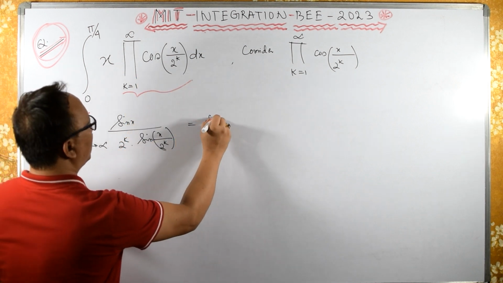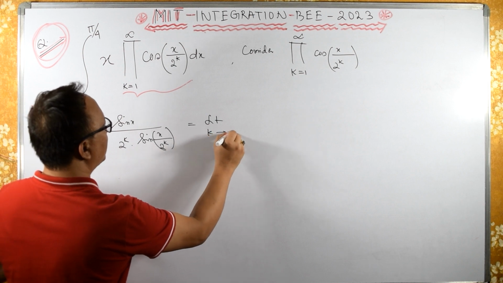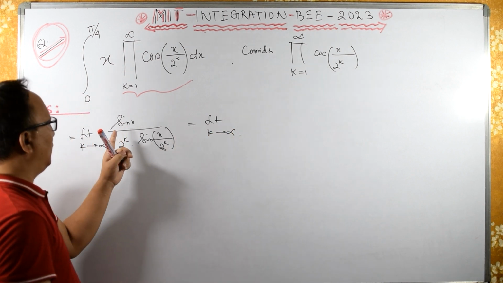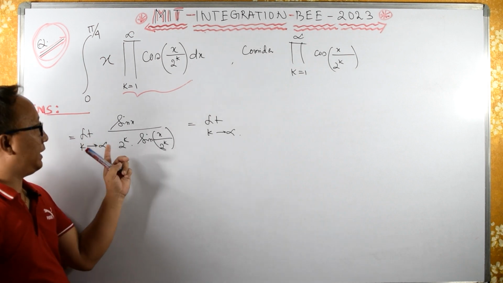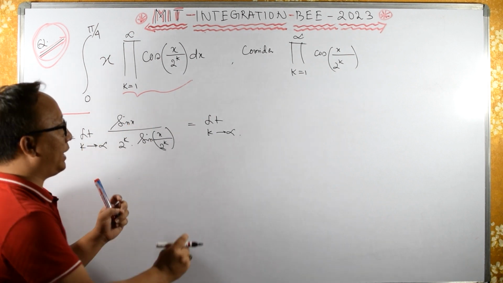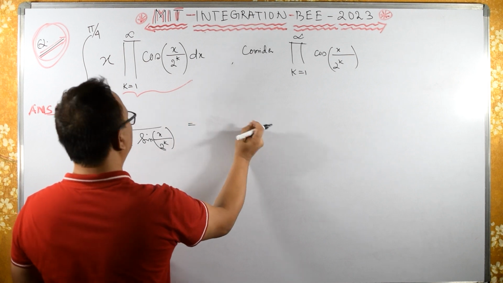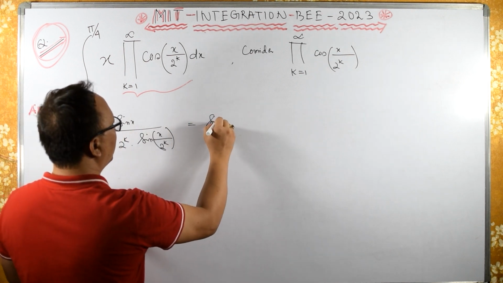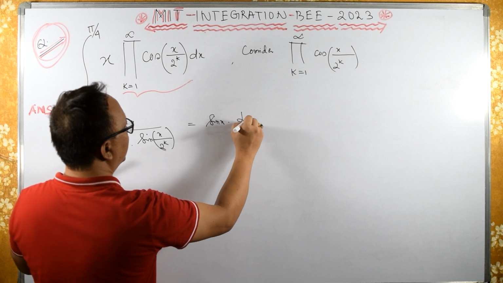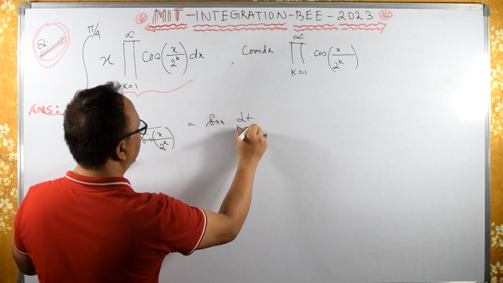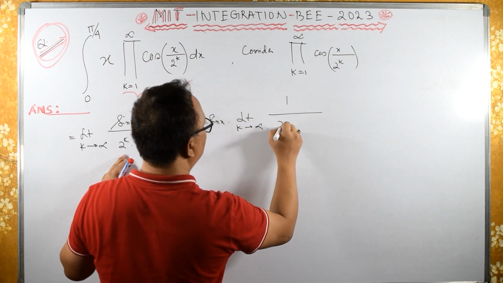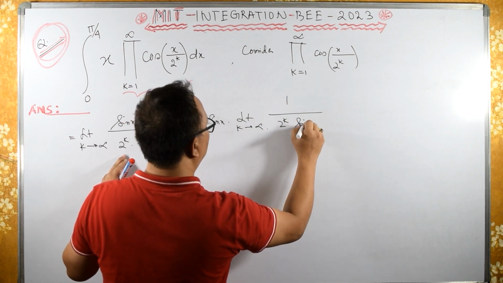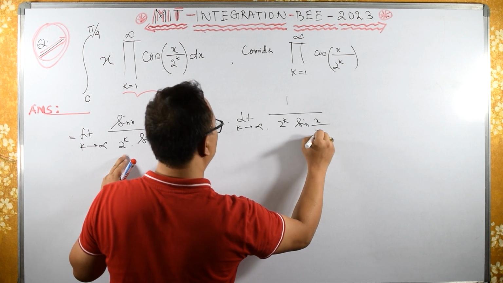It is equal to the limit as k tends to infinity. Now, when k tends to infinity, sin x becomes a constant, so I can take sin x outside: limit as k tends to infinity of sin(x/2^k) upon 1/2^k.